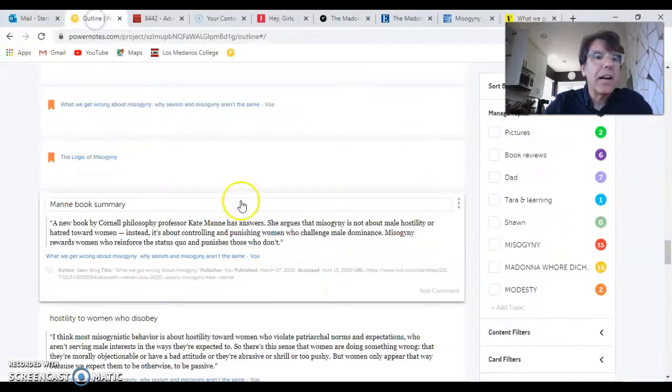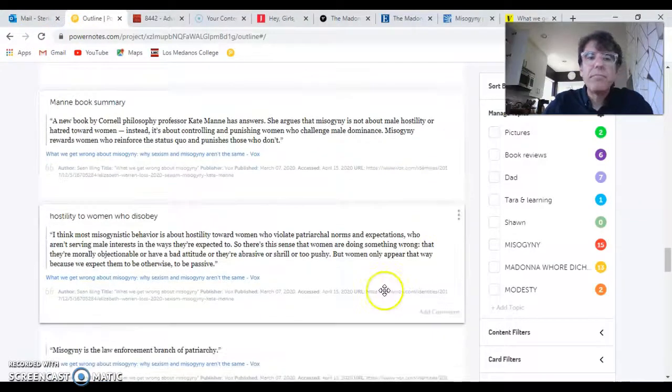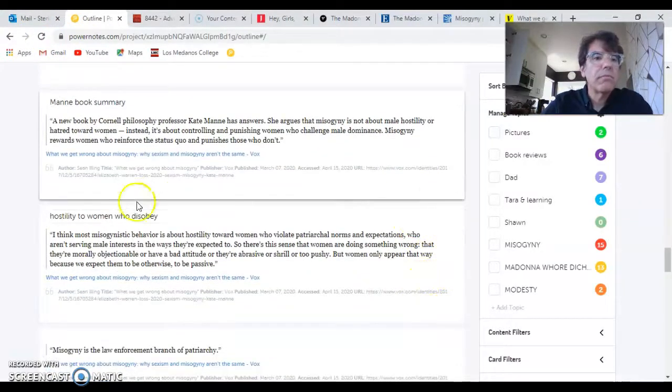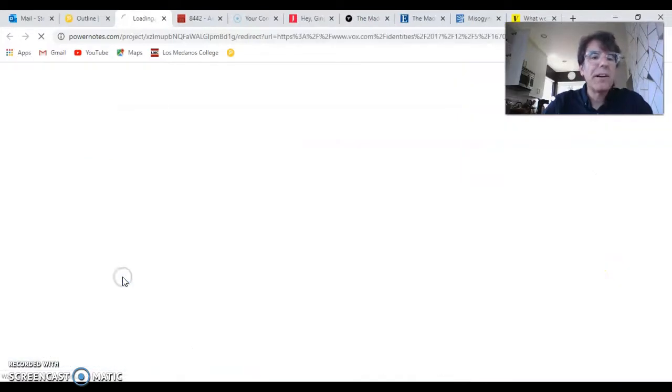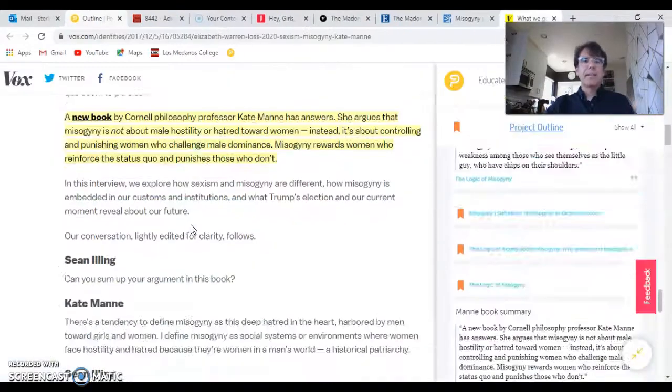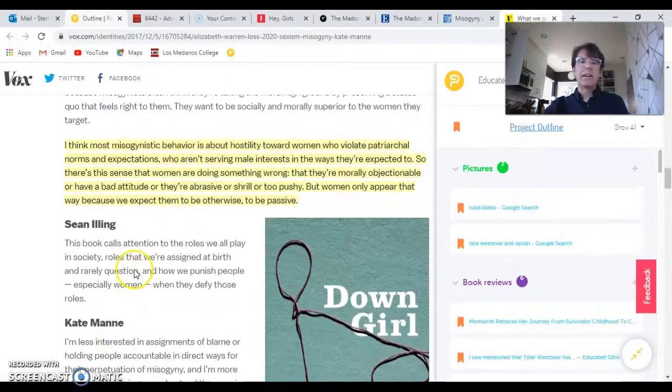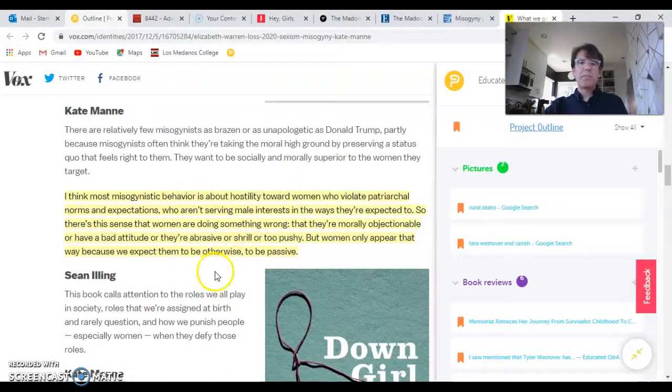Let's go back to my outline. Here I wrote in my note, hostility to women who disobey. Let's go back to this highlight from the same article. And this is Kate Manne, who was interviewed by Vox magazine.